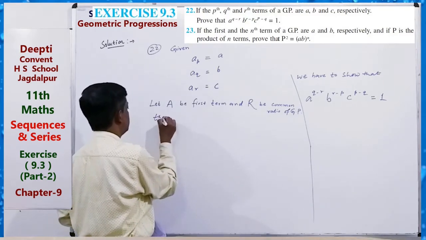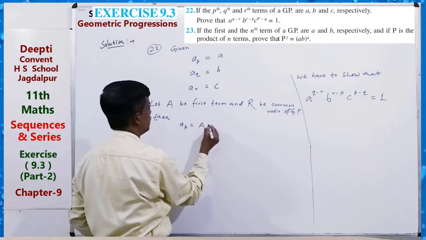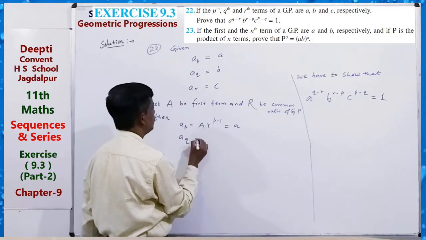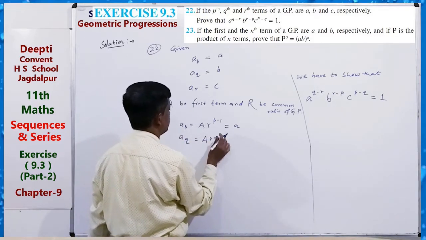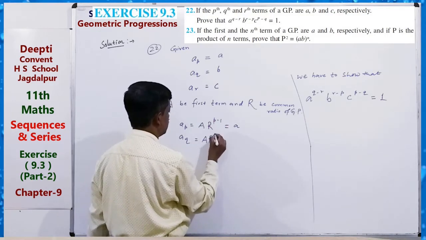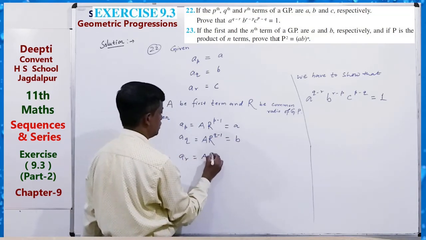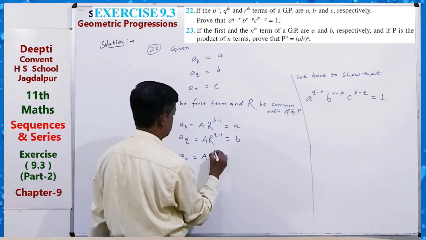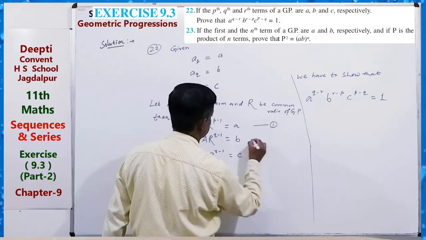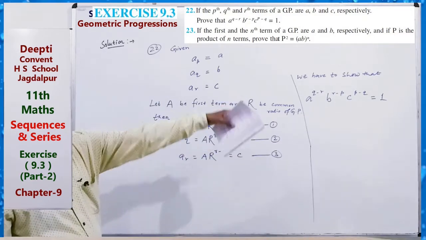Then the pth term a equals A R to the power (p minus 1), b equals A R to the power (q minus 1), and c equals A R to the power (r minus 1). Equation 1, equation 2, equation 3.